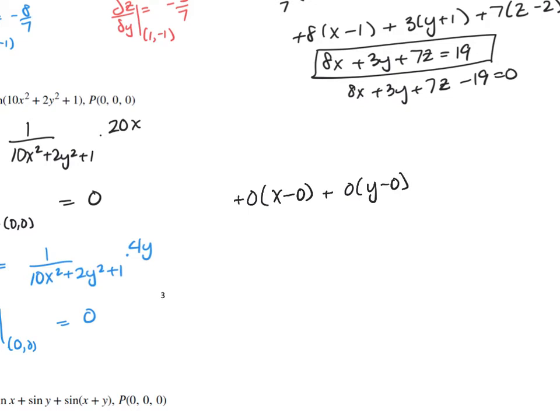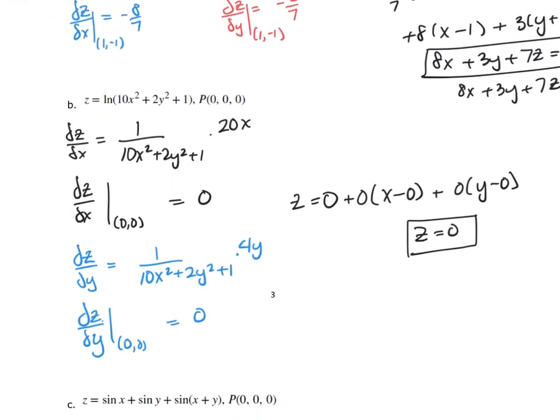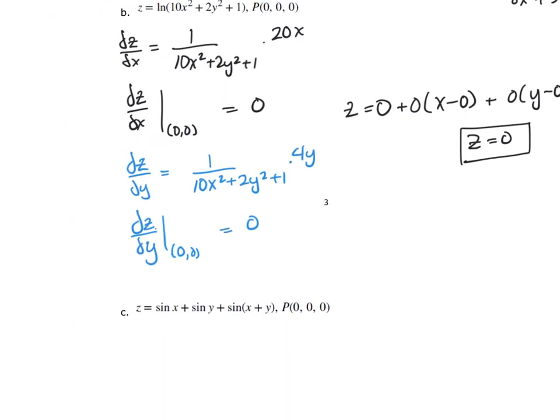And then, of course, I can put in my 0. That's my output for when I put in 0, 0. This is equal to z. So I'm using the first equation, which is pretty much what I wrote for the second one. And so I end up with z is equal to 0. And that is my plane. So in other words, the xy plane is my tangent plane to that surface right there.